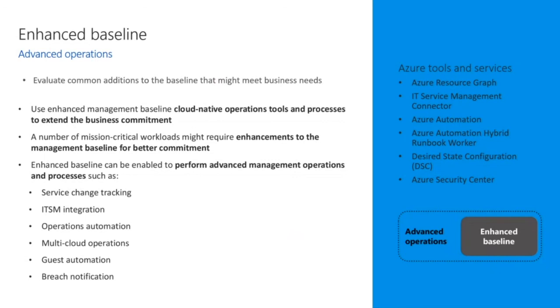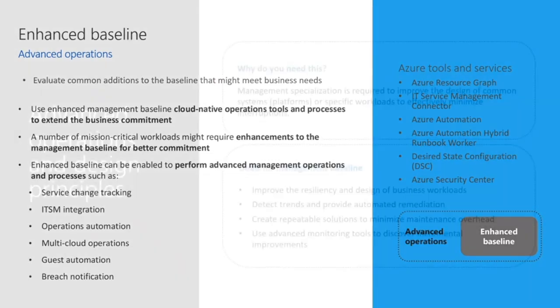The prime services and tools available to achieve this are Azure Resource Graph, IT Service Management connectors, Azure Automation, and other aspects which can help you enhance a particular baseline, and basically enhance your commitment to the management and management processes.